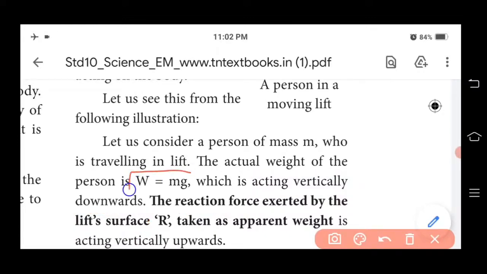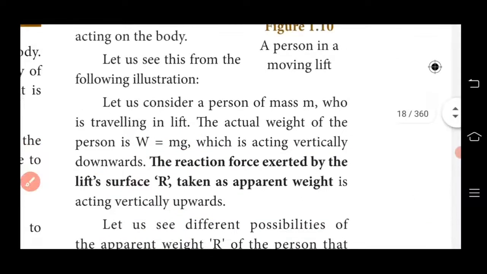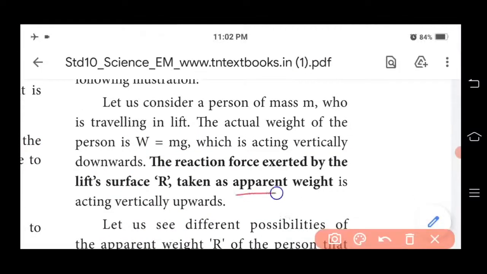So weight W equal to mg is acting vertically downward, and then the apparent weight is acting vertically upward.